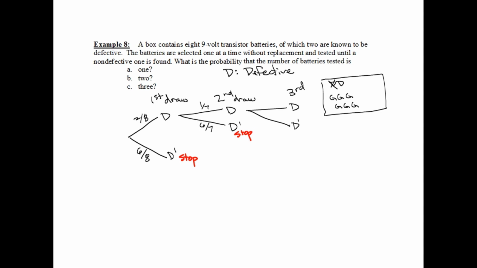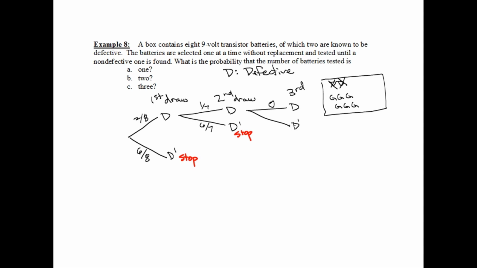What's the probability of getting a defective one on the third draw? Well, that means we got a defective on the first, defective on the second. Ooh, so those 2 are both gone. What's the probability of getting a third defective battery? 0, because there are not 3 defective batteries in the original box. There's only 2, so it's not possible to get 3 defective batteries. So we get a 0 probability there, and if you're alert, you won't even draw that branch.